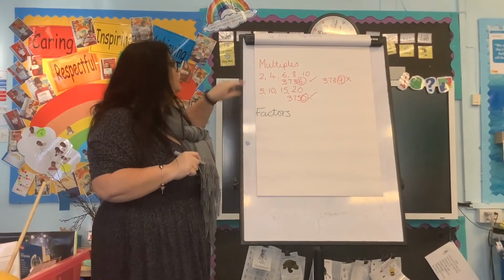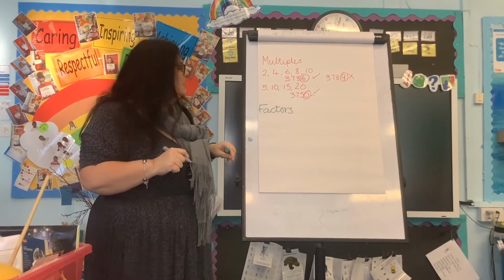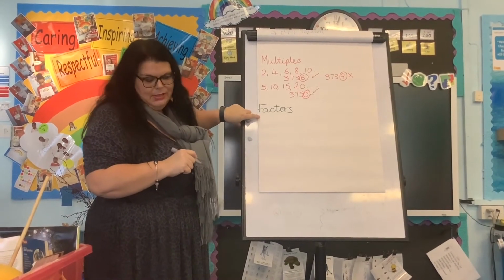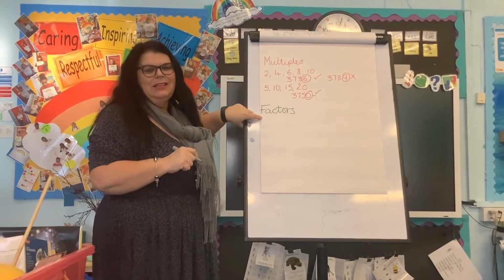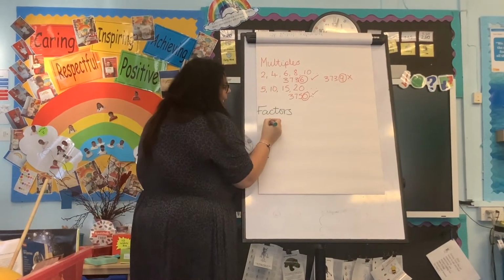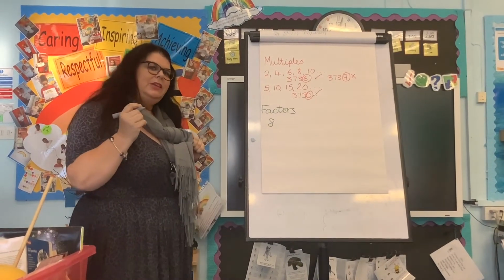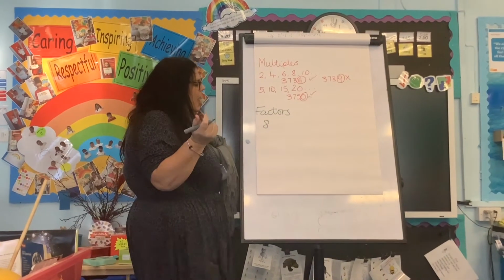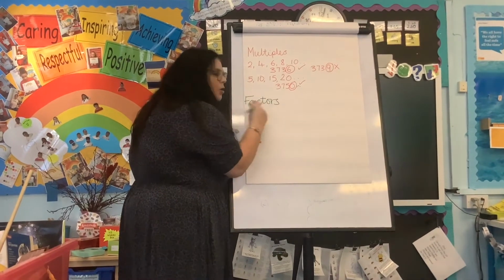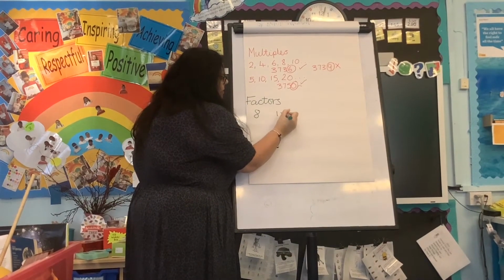So we know what multiples are, they're the numbers that come in the times tables. Factors are numbers that divide exactly into another number. So if I've got the number 8, what numbers will divide equally into it? Let's start at number 1. I know 1 goes into 8 because I know 1 times 8 is 8.